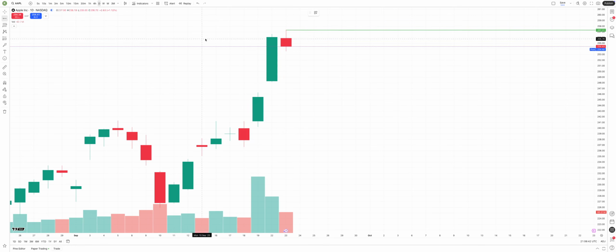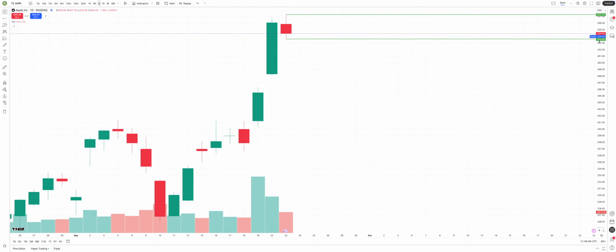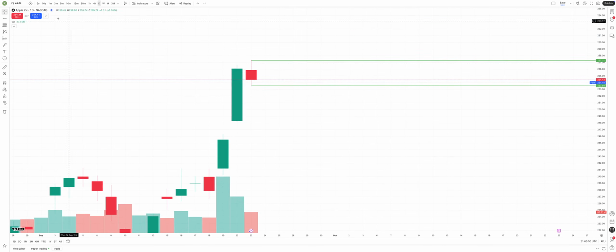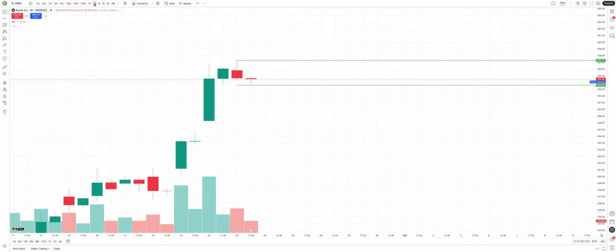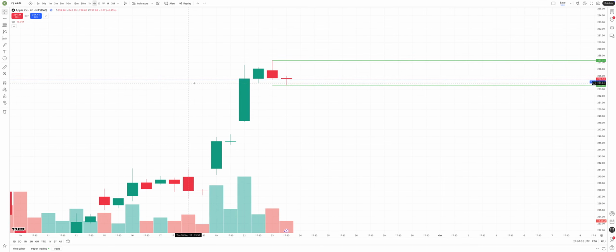And then we'll mark out the same for the low. All right. So now we've marked out the high and the low of price for Apple on a 1-day time frame chart. So now from here, we can actually drill in to, let's say, the 4-hour chart, which will show us candlesticks representing 4 hours of time.